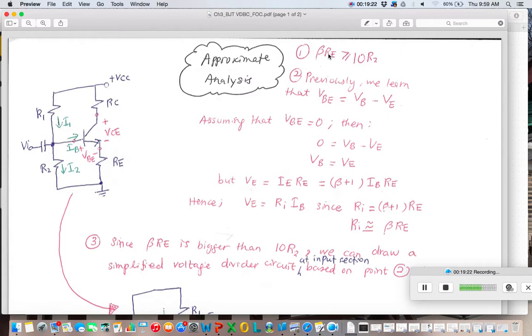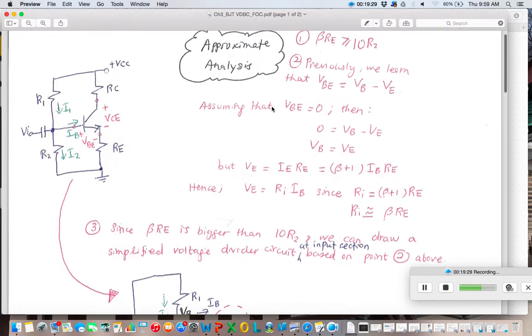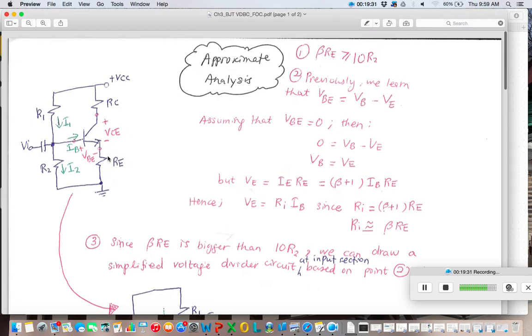So, beta RE, you know beta RE, right? Beta is usually given in the question. RE refers to the resistor at the E terminal here. So calculate it, and then calculate 10 times R2. Where is R2? R2 is over here.